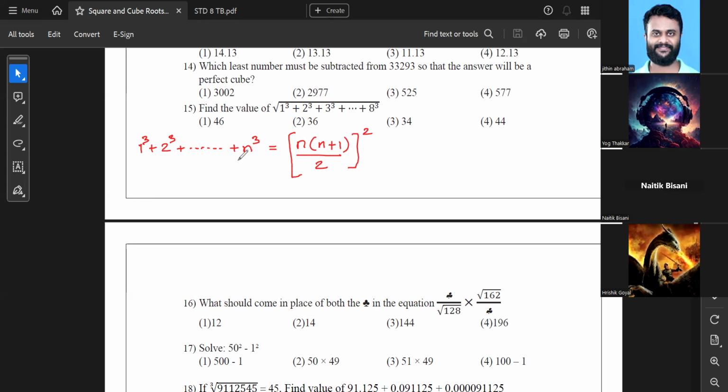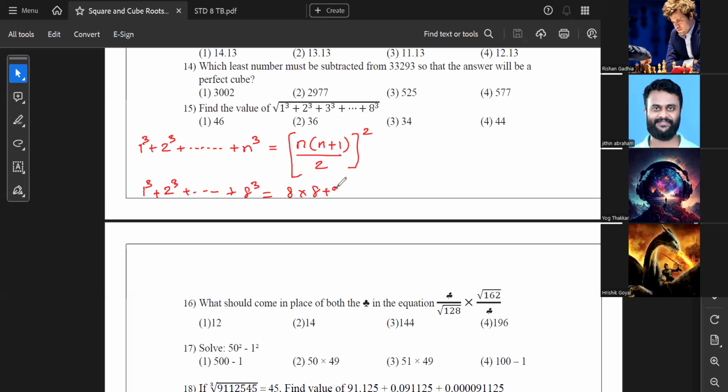In this case, using the same formula, instead of n you substitute 8, so 1 cube plus 2 cube and so on till 8 cube. You'll have 8 multiplied by 8 plus 1, which I'm going to write directly as 9 upon 2, the whole square.